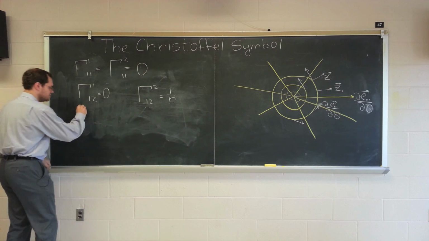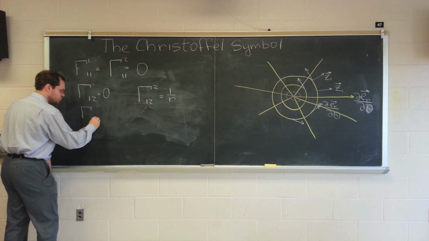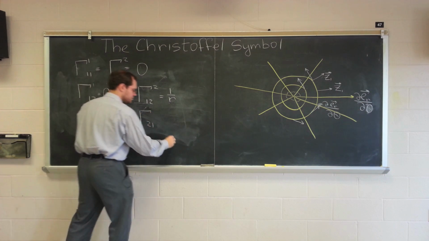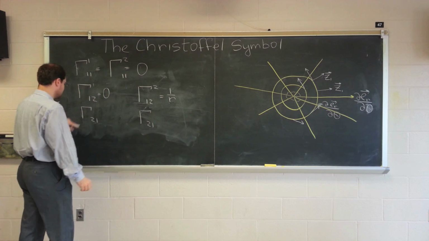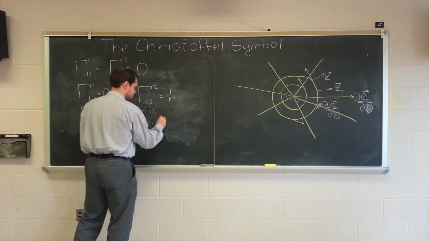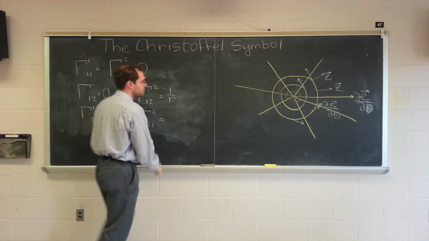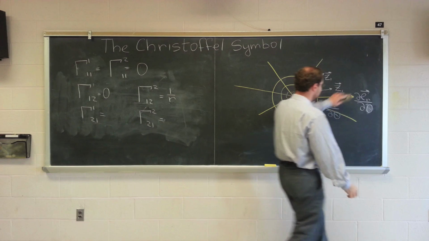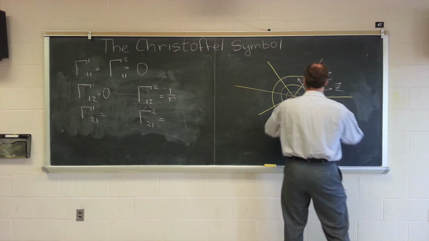Now let's switch to gamma 2,1. Gamma 2,1, 1 and 2. Okay? That's dE_θ/dr. That's going to be an interesting one.